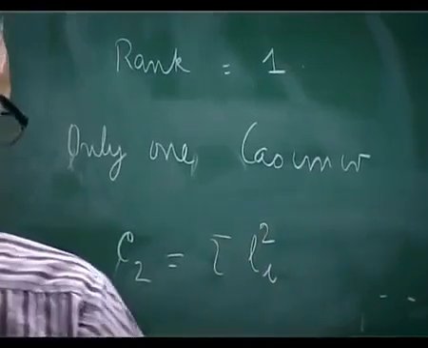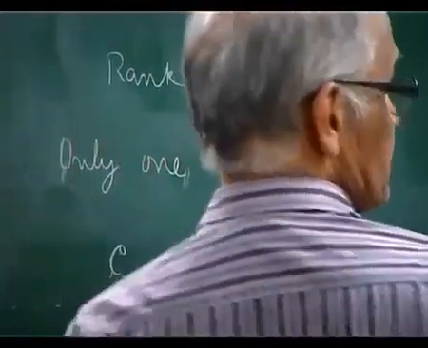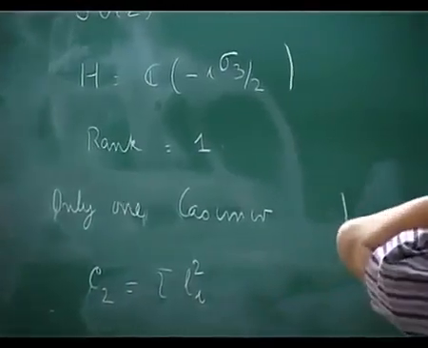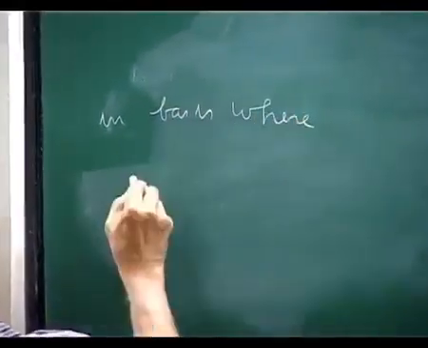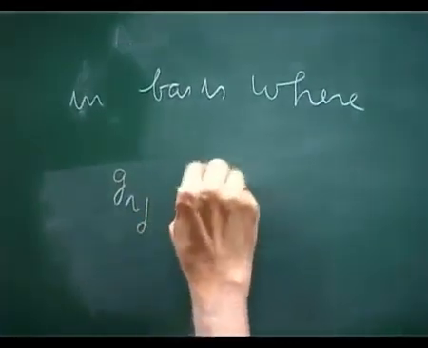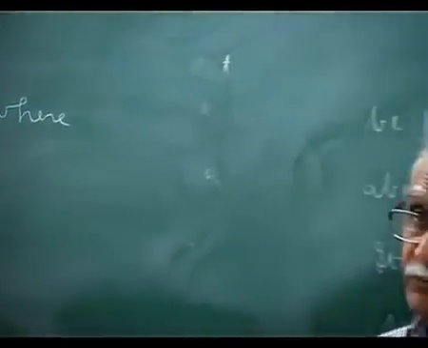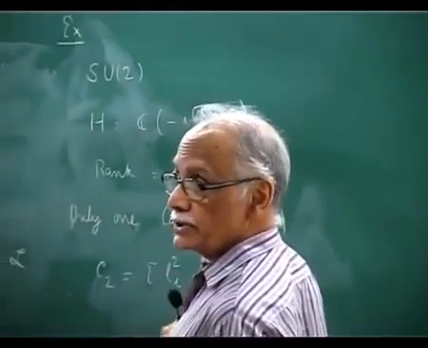In a basis where g_ij is delta_ij, the Casimir is, for example, the square of the sigmas, sigma over 2, so you will get 3/4 and so forth.